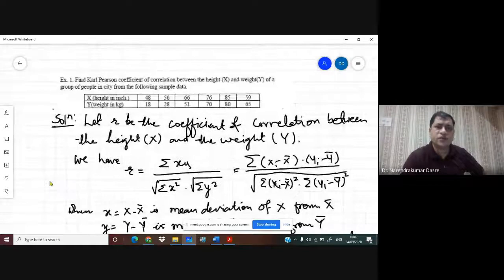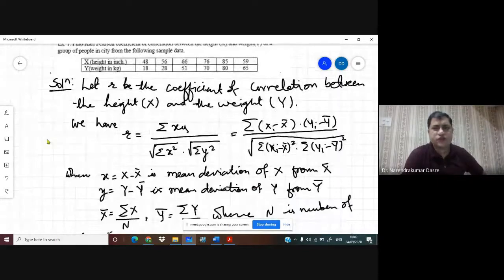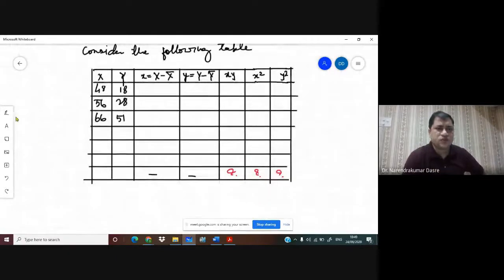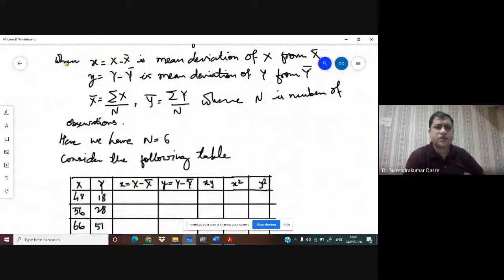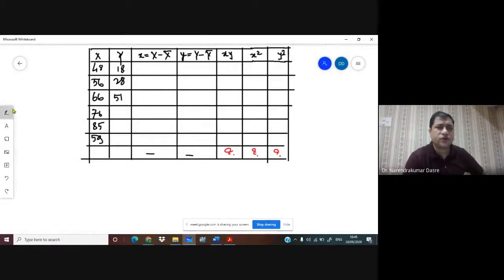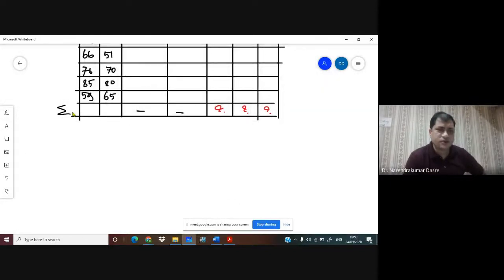Then we have here 76, 85, 59. Then 70, 80, 65. Okay. And this last row is for the sum of this. So you please calculate the sum of this and then tell me what you get.